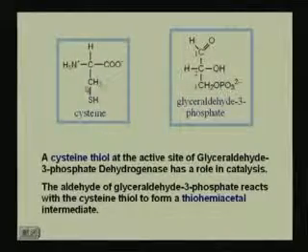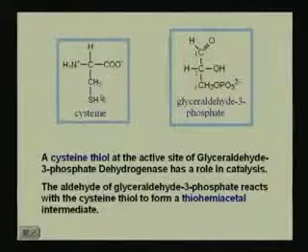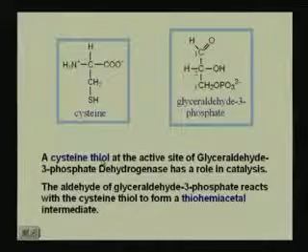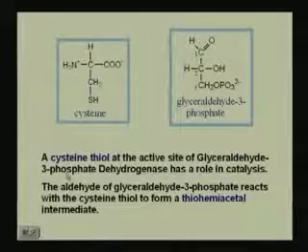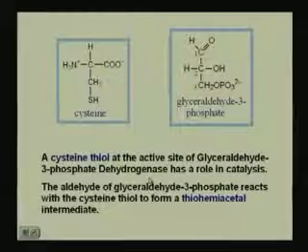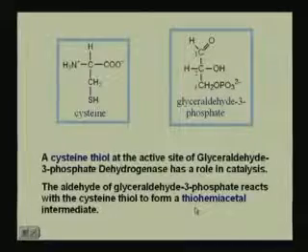All of us know that in the cysteine residues we have the SH thiol group. Now what happens is, the cysteine thiol is present at the active site of the glyceraldehyde-3-phosphate dehydrogenase, and the aldehyde of the glyceraldehyde-3-phosphate reacts with the cysteine thiol to form an intermediate, what is called a thiohemiacetal.